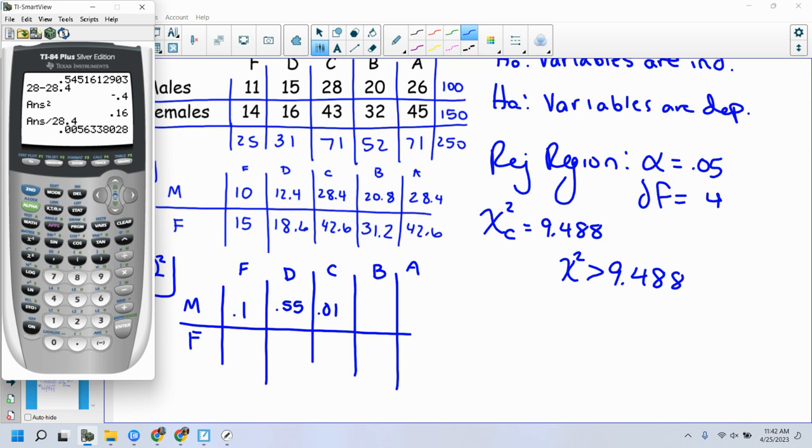If I'm going to reject my null, these values need to get bigger. If I want to fail to reject it, then these values need to stay small. All right, 20 minus 20.8 squared divided by 20.8 gets me 0.03.